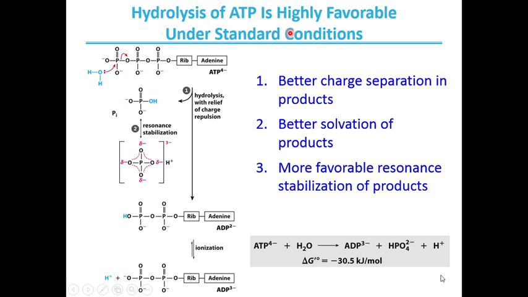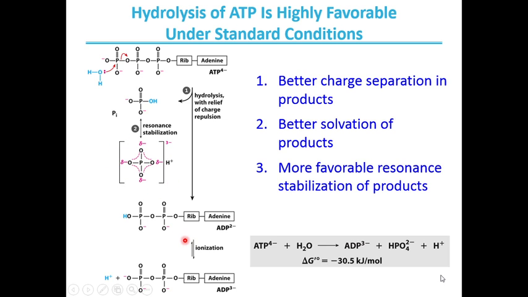Hydrolysis of ATP is highly favorable under standard conditions. That is because of 3 reasons. One, there is better charge separation in products. Phosphate or ADP, either of them, has much better charge separation. Second, better solvation of products.